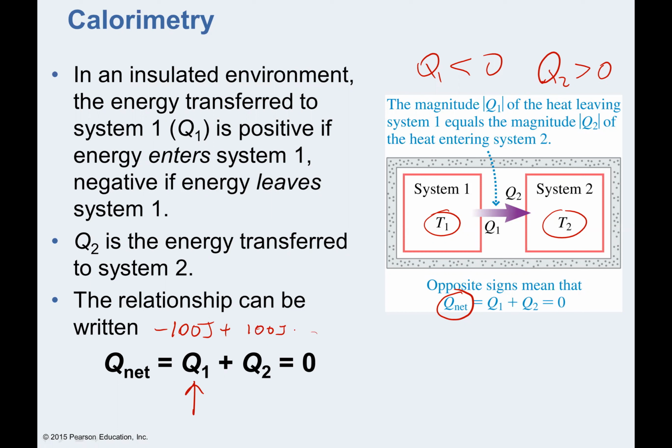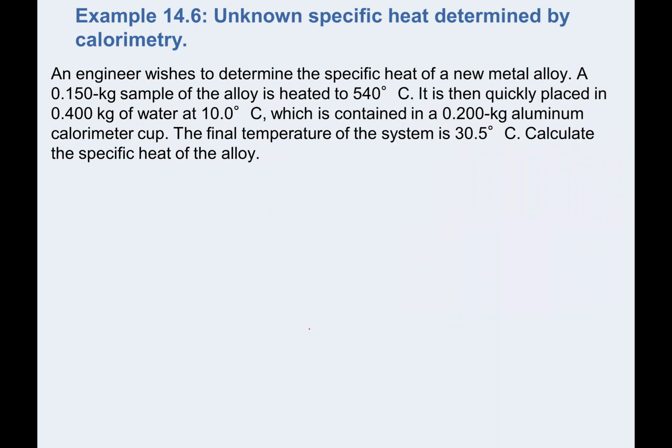If you add them together, obviously you're going to get 0. This will always be true for this type of isolated system. Your Q net will always be 0, because the same amount of energy is added and lost by the subsystems in your entire system. All right, so let's look at an example here.